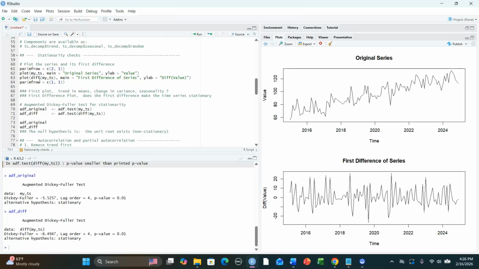So that means non-stationary. So we reject the non-stationary null hypothesis, and so we can conclude the original time series is stationary. And it may be contradictory to the graph of the raw time series.